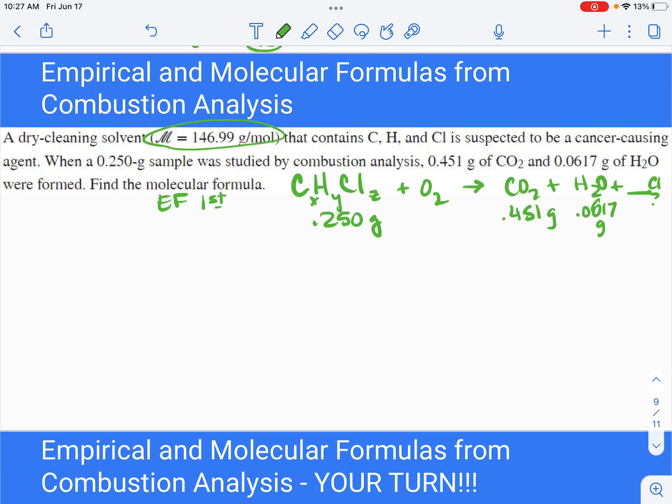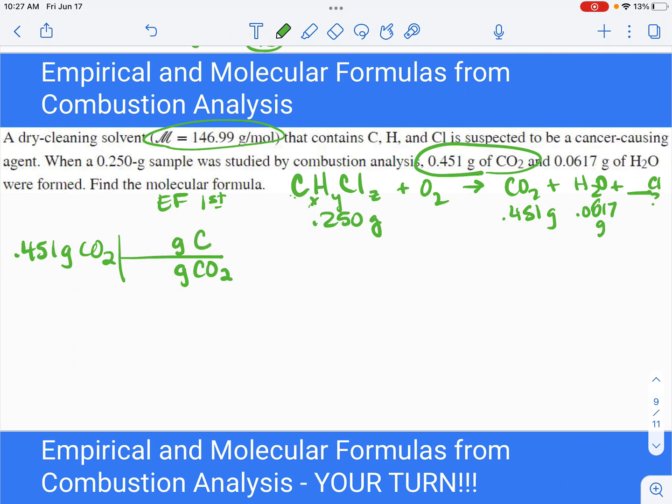All right, so let's talk about how you're going to do this. We're going to start with the carbon dioxide that was formed and find out how much carbon is in there, because that will tell us the carbon that was in our initial compound. So 0.451 grams of CO2. Remember that we can use the masses from the periodic table, and I'm looking for grams of CO2 to grams of carbon.